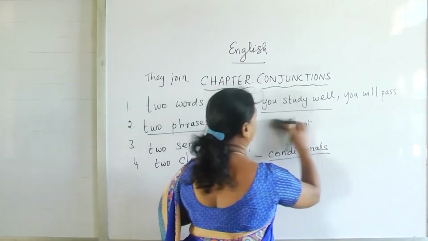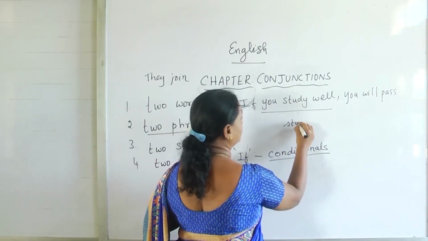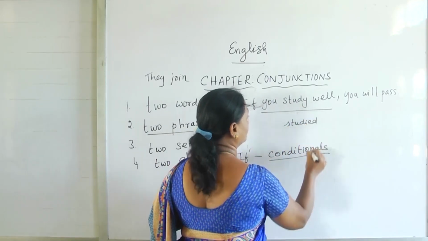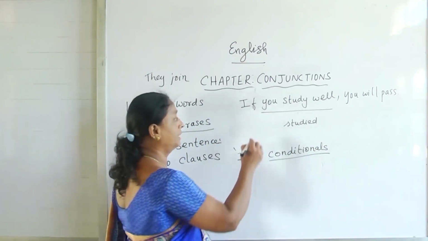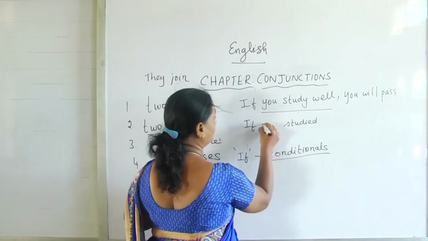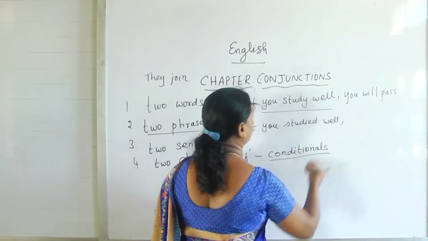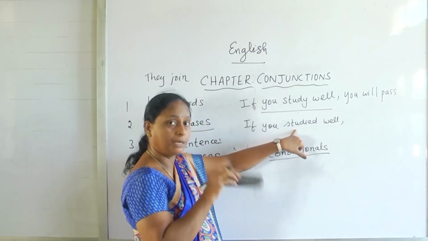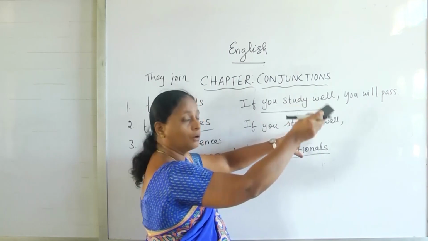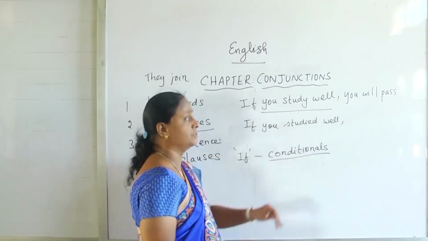And one more example I can write. I can change this study into studied. So I am changing the present tense into past tense. How can I write here? If you studied well, you would pass. Now what I have used here is the if conditional clause, studied, the past. So the remaining part of the sentence also should be in past tense.